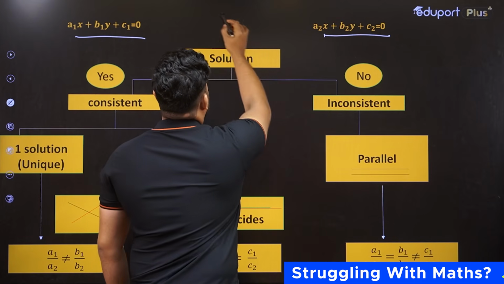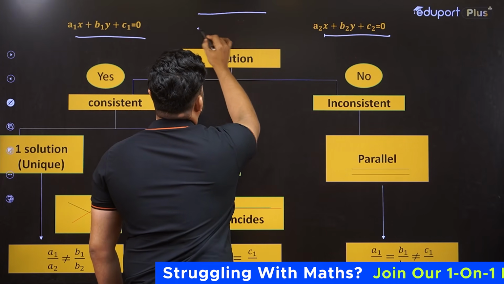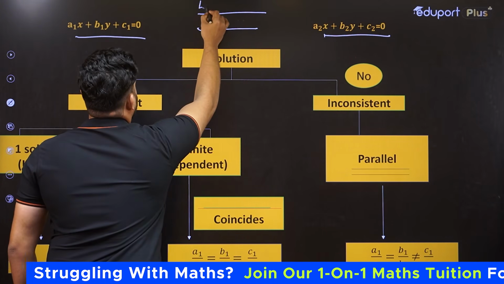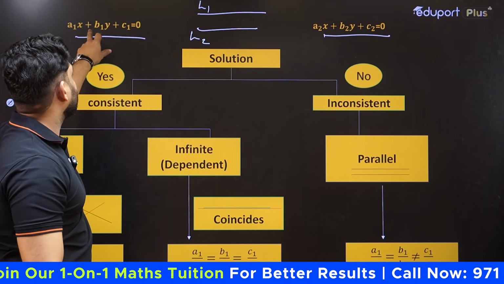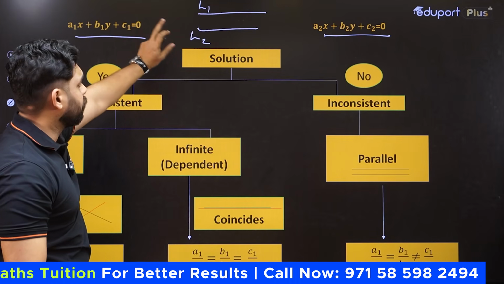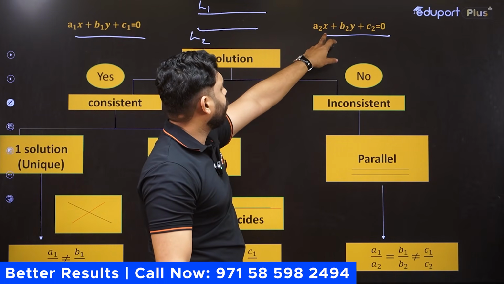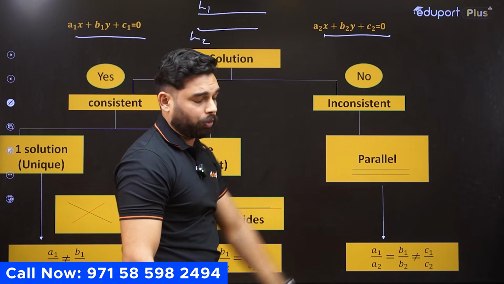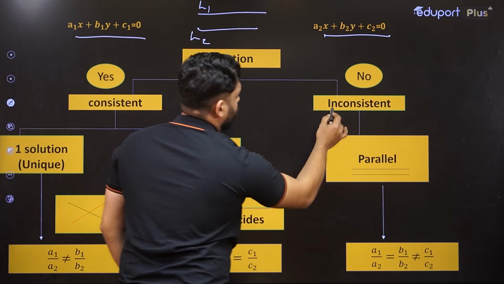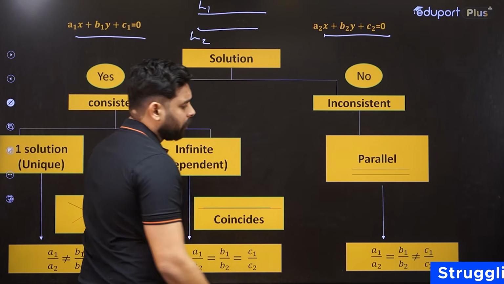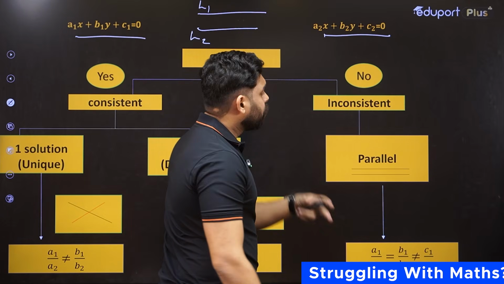Just take an example, there are two lines, L1 and L2. The equation of L1 is a1x plus b1y plus c1 is equal to 0 and L2 is a2x plus b2y plus c2 is equal to 0. If these two lines are parallel, then it is known as what? Inconsistent, because there will be no solution.